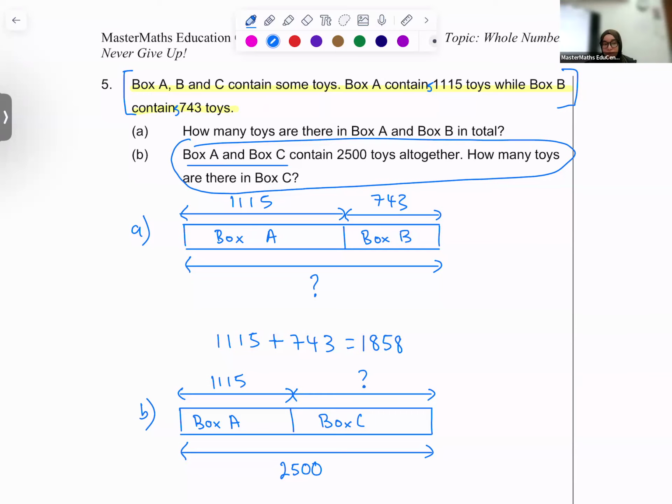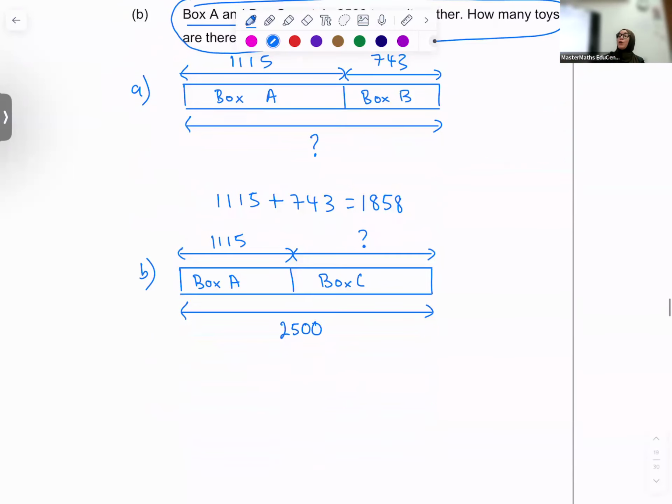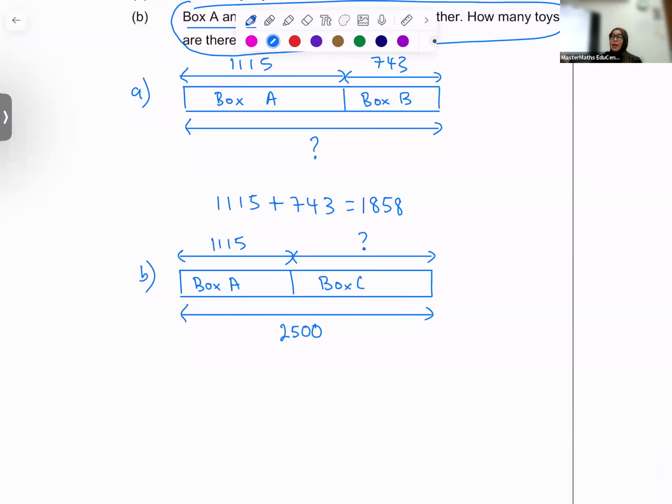Okay, how do we find box C? Yes, Iman. Very good. So if we know that we're looking for a part, to find a part, we minus 2,500, which is the total, minus the part that we don't want.